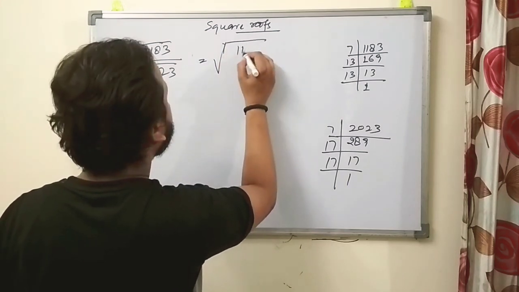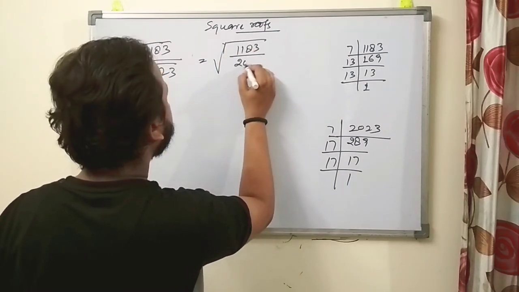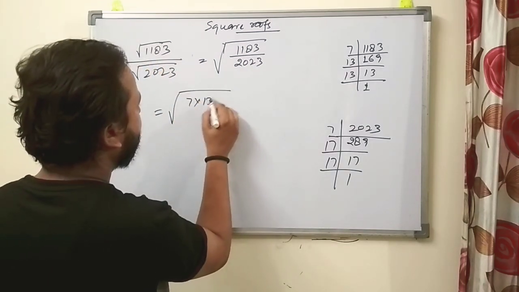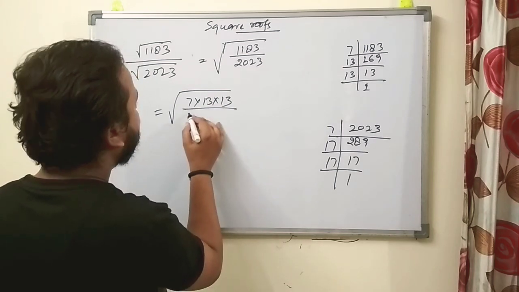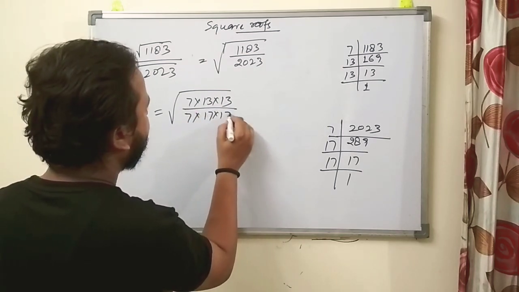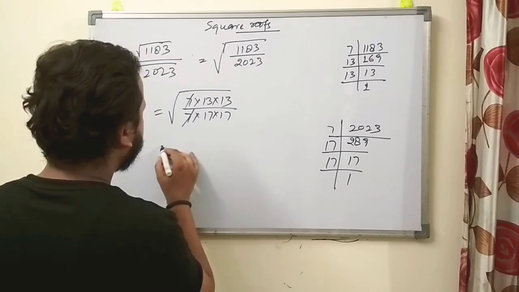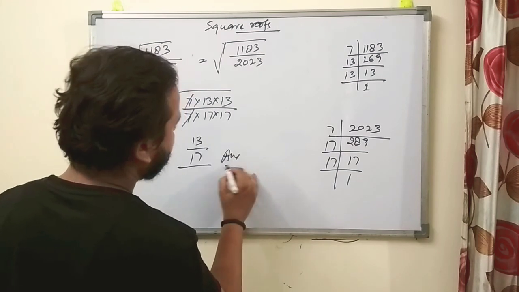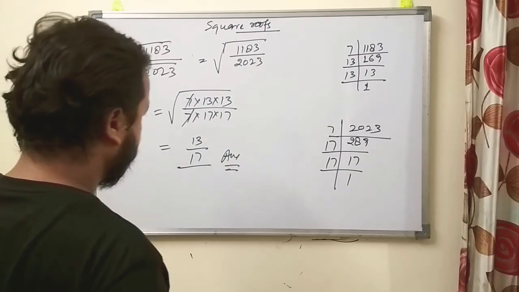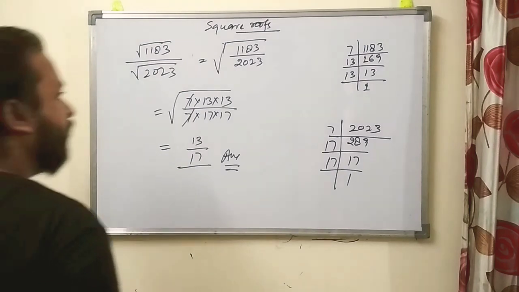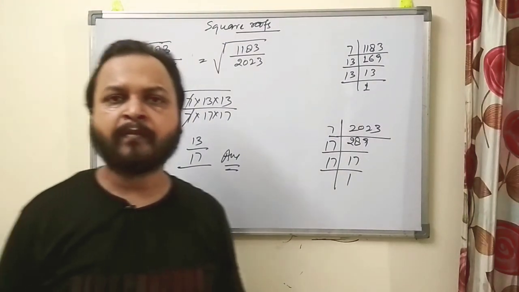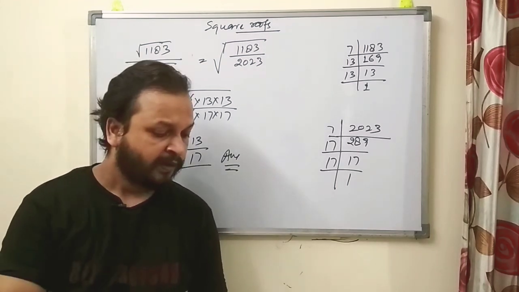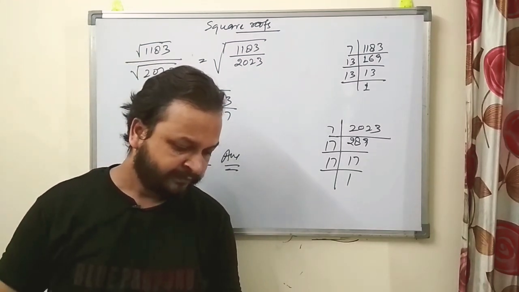You can also write it as 1183 divided by 2023, and after that just factorize it, 7 into 13 and here 7 into 17 into 17. 7 gets cancelled and 13 by 17 comes out, and that is the answer, right?